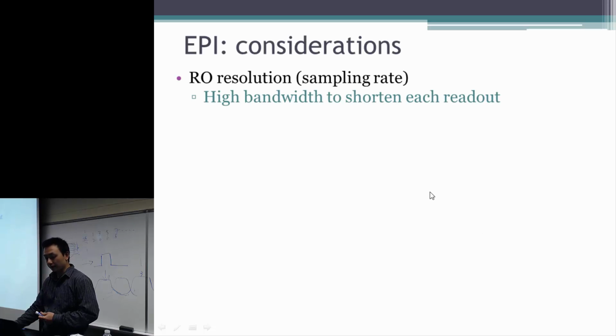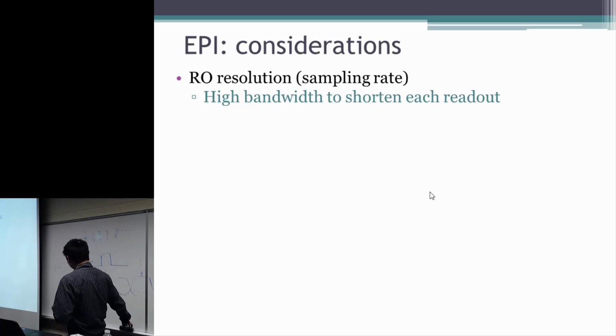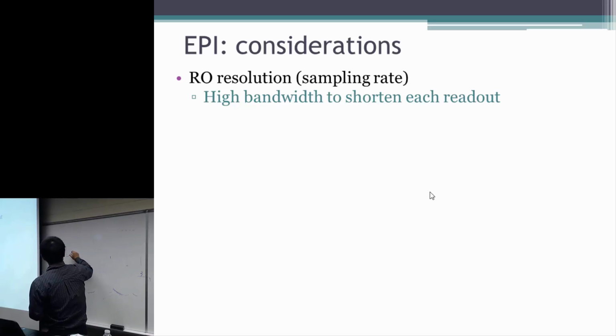Okay, so when we apply EPI, we need to consider several factors. The first one is the readout resolution, or sometimes we call it the sampling rate. When we do the readout, we have a series of readouts.